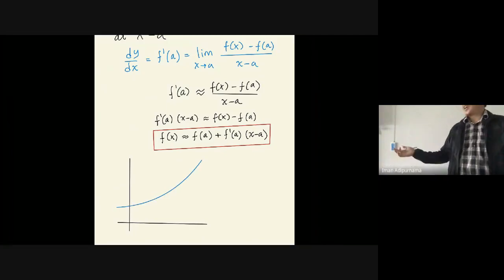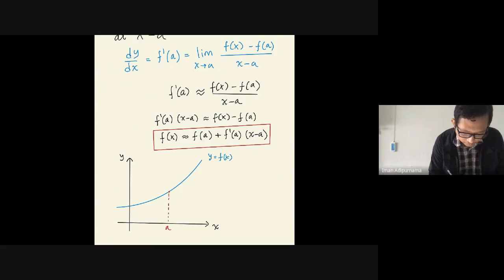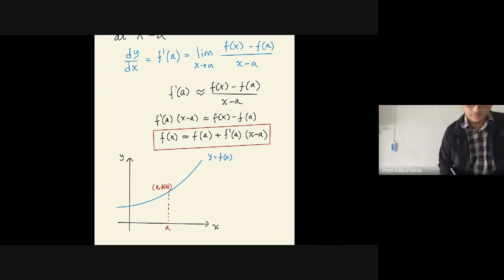If I have the curve, the blue one, let me write this as f of x. Let me make some point here. This is a, and this is f of a, and then making a tangent line at that point.